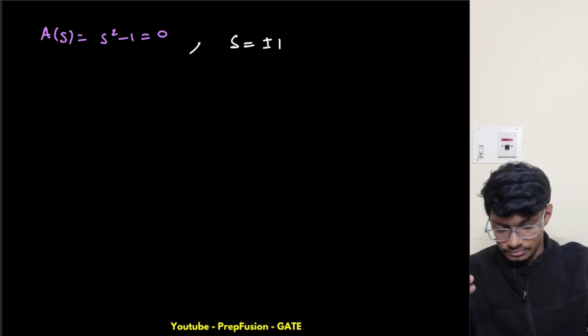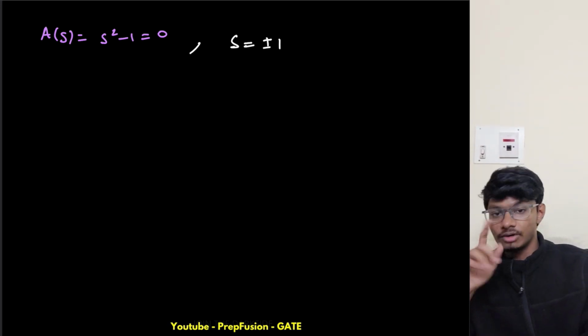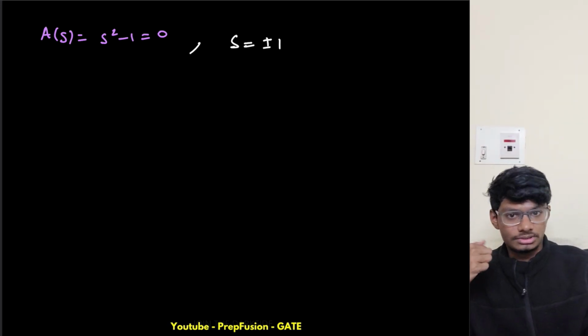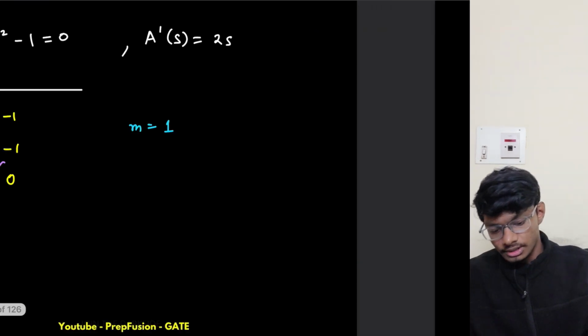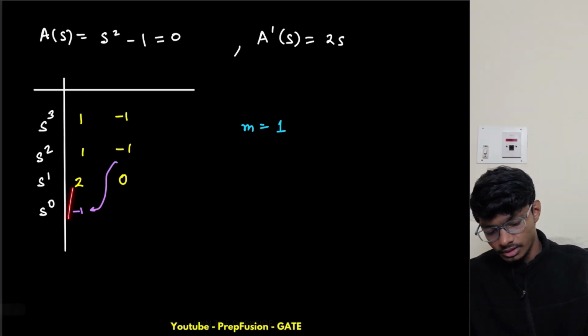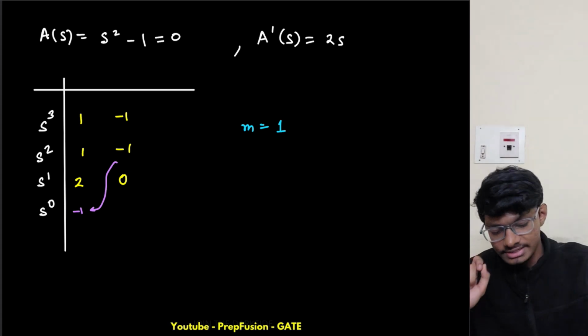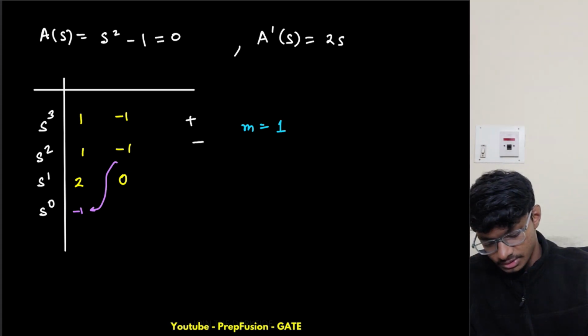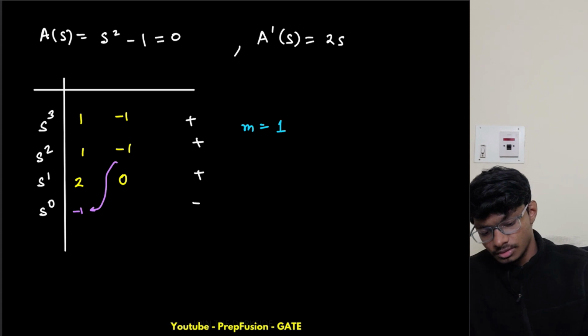What are the other poles? Let's compute that. Basically I will have only one more pole this time, because this is a third order system. The right half poles I know, because of the number of sign changes: plus, plus, minus. So the number of sign changes is 1.